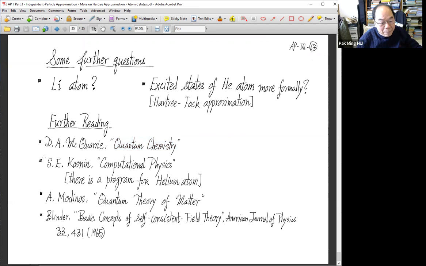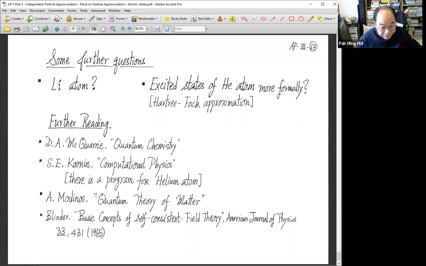And then I mentioned this book as an undergraduate level computational physics textbook. Nicely, it gives you a program for the helium atom ground state problem. I think you can even borrow a disk with the program inside in the library.